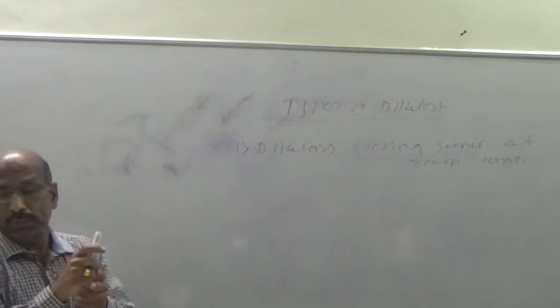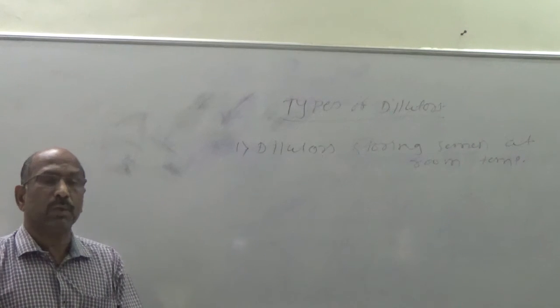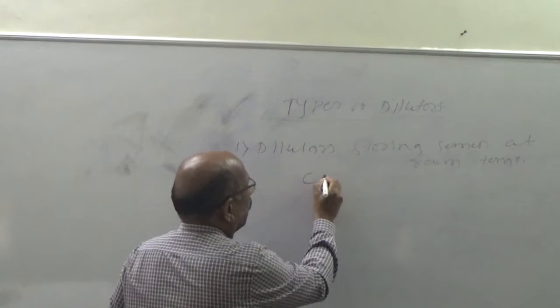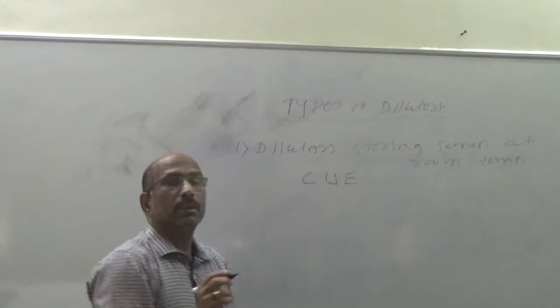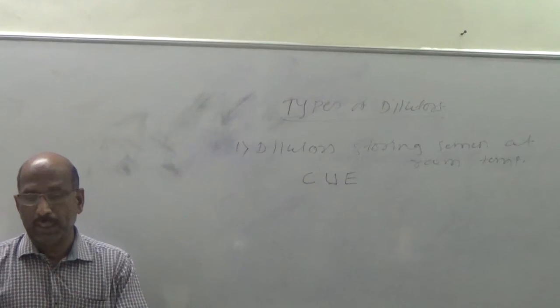The diluters used for room temperature include the Cornell University Extender.